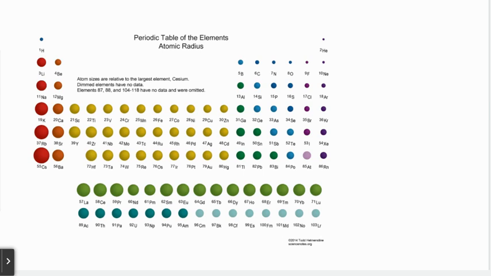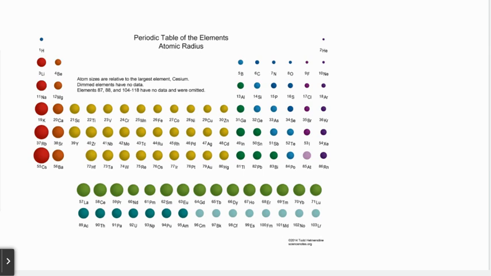You've got to remember noble gases have a full valence shell. So they don't want to take anybody else's electrons. That's why they don't have electronegativity values. They don't want to give up any electrons, so they have high ionization energies. And their sizes tend to be where you'd expect them to be.